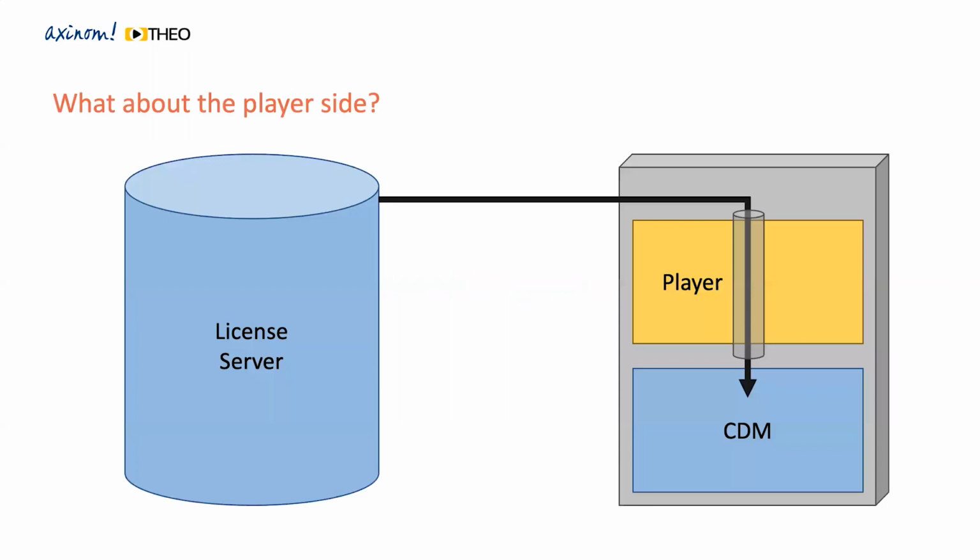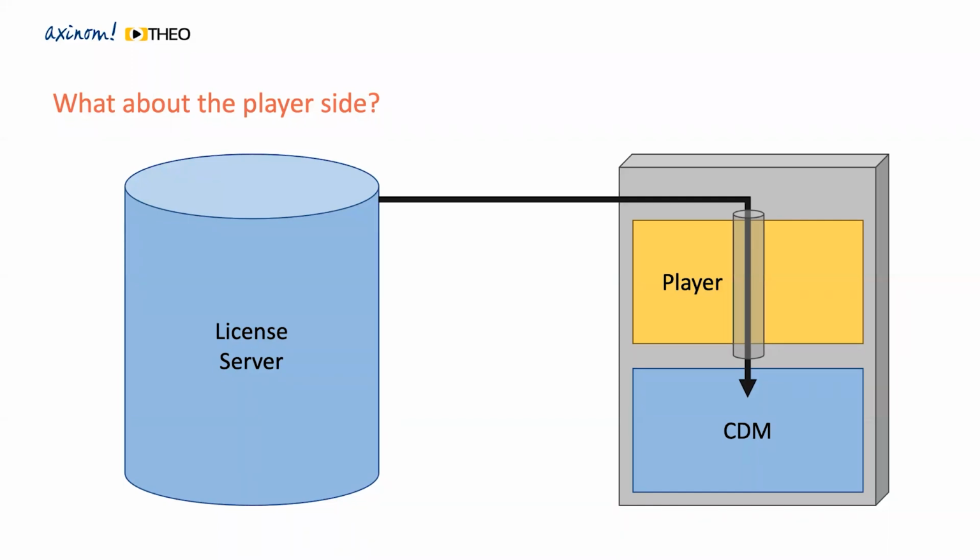As Johannes just mentioned, DRM is mostly a story written between trusted components. That means components in the DRM server and as close as possible to the client hardware, meaning inside the CDM. If you look at it, it appears as if the player is just a component in the middle, having to pass through all of the relevant data, and that's what it appears like, but that's not really the case.